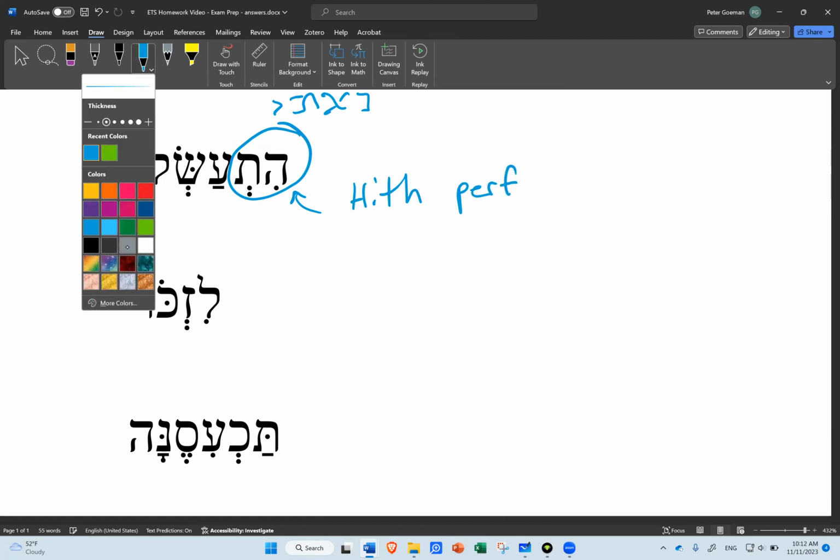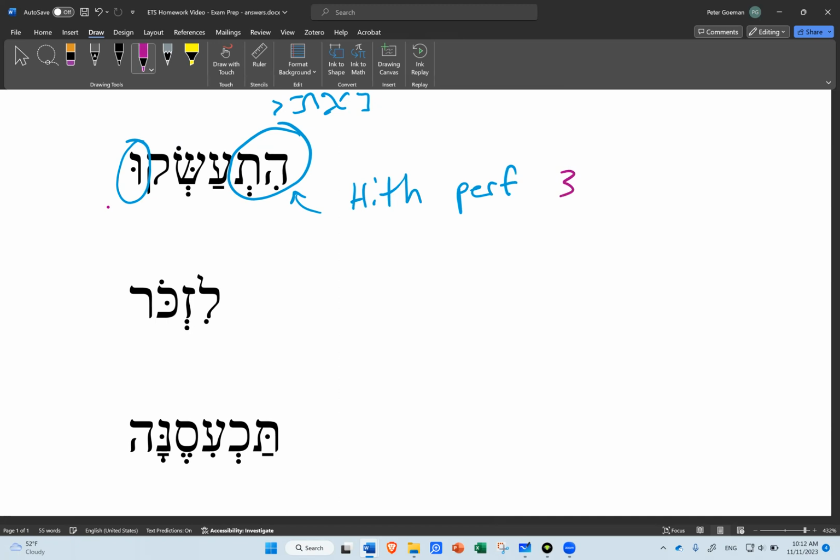And I'm going to just, for kicks and giggles, switch back colors. Perfect. And then it's actually a 3cp from Asak. So Hitpael, perfect, 3cp from Asak.